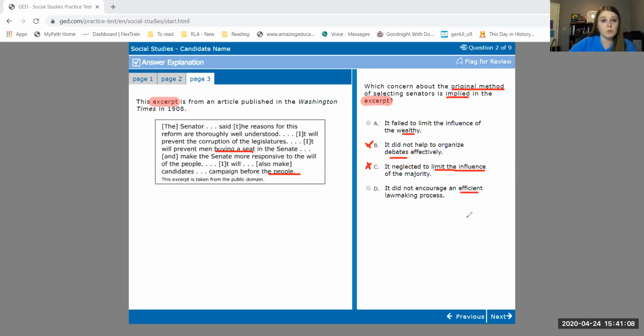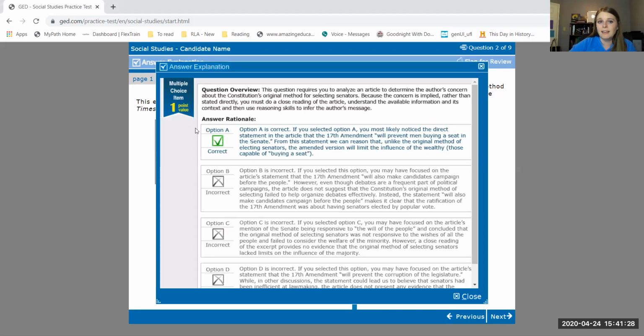That might be true, but I really don't have evidence of it in here. So I'm going to mark out D. I do have evidence about this idea of wealth and money. Buying a seat, that requires money. So I think the answer is going to be letter A. And we can check our answer explanation. And it does say that A is correct.